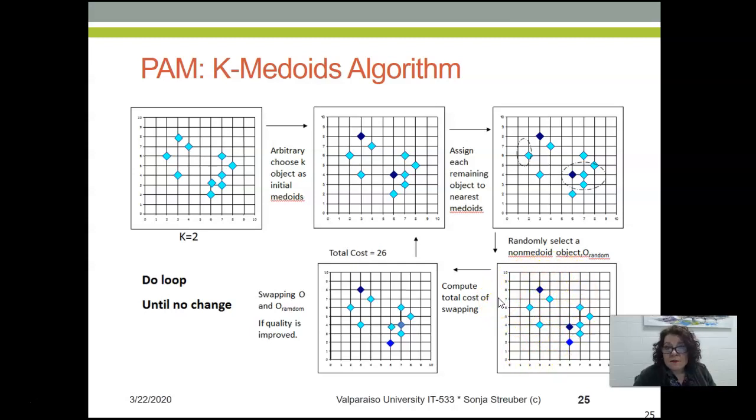If it is not, it needs to be relocated. So we compute what is called the total cost of swapping, meaning that our initial medoid object is going to be unmedoided, and another object that is close to it will be picked as the new medoid and as the new middle of our new cluster, and our process loops until all the medoids have been optimally identified in our K clusters.